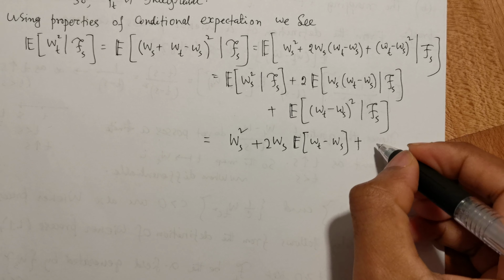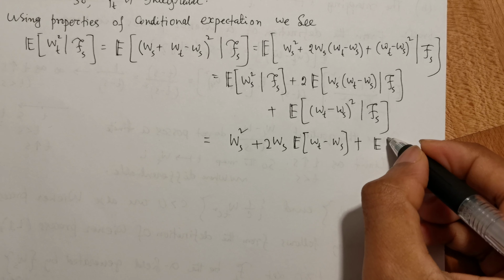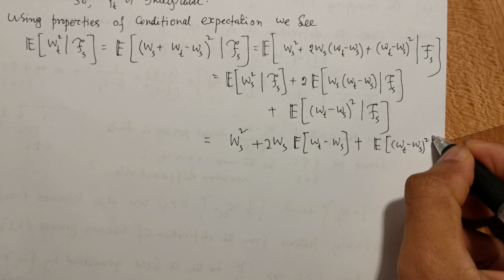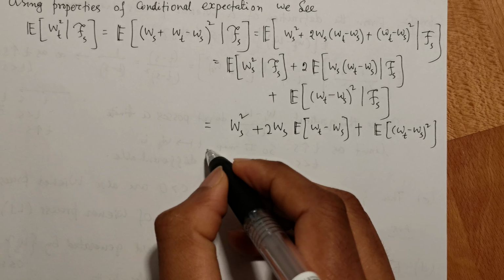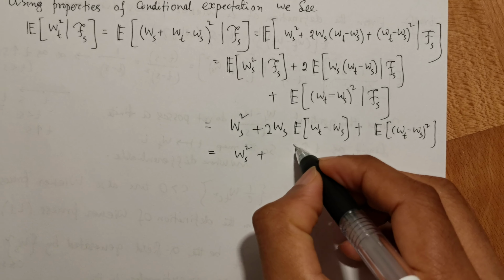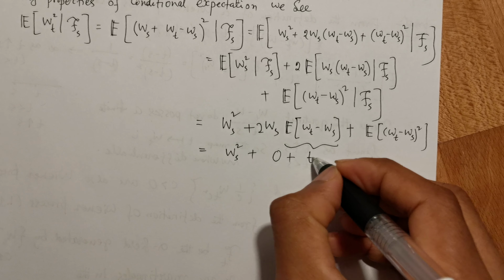And this is also independent of Fs, so this can be written as simply the unconditional expectation of Wt minus Ws square. Now this is Ws square, this is 0, and this is t minus s, right?